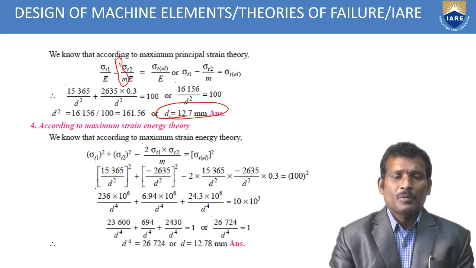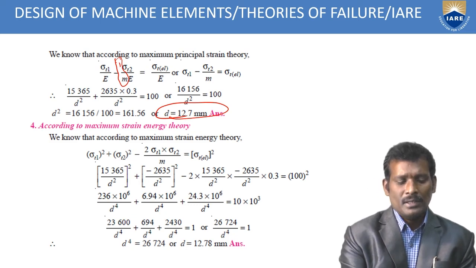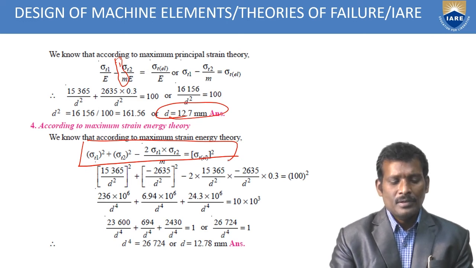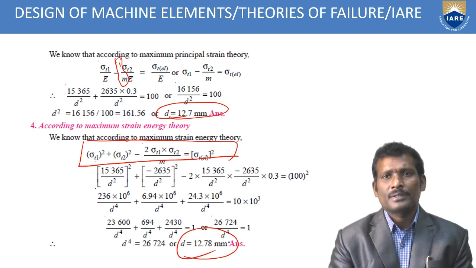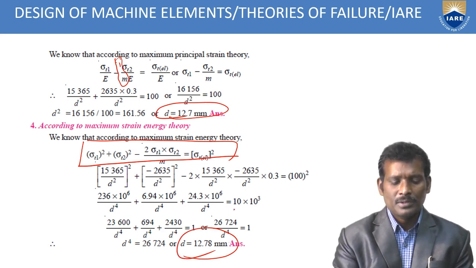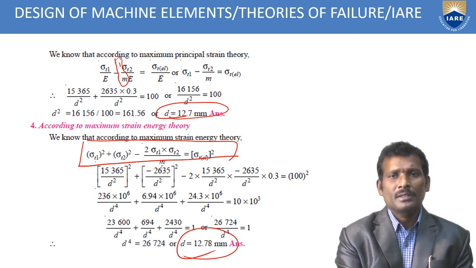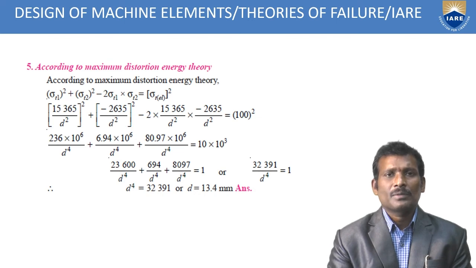So apply the fourth theory. According to the fourth theory, it is the maximum strain energy theory. So according to this maximum strain energy theory for safe design, apply this equation and you will get the D value 12.78. Here also the same procedure. So equate this maximum strain energy to the given permissible stress value. You will get 12.78. The last one is according to maximum distortion energy theory.